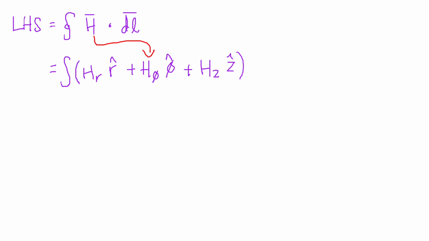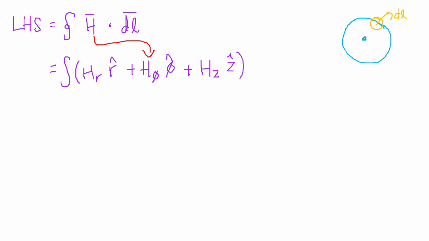Okay, how about the dl? If you still remember, we have a diagram with a dot and there is a line or the Amperian loop. The dl is supposed to be at the Amperian loop. So this is a dl.